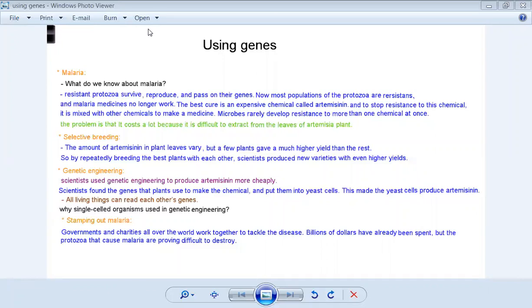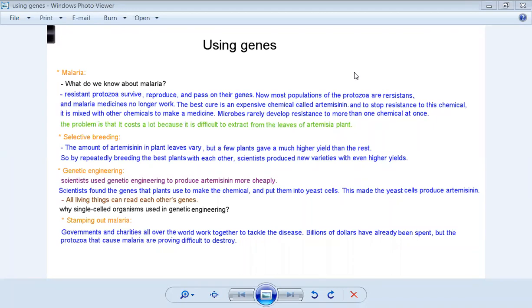When you add yeast to warm water with sugar, what can you see? It will multiply very quickly. Yeah, it can multiply quickly, reproduce fast. So that's why they are using yeast.